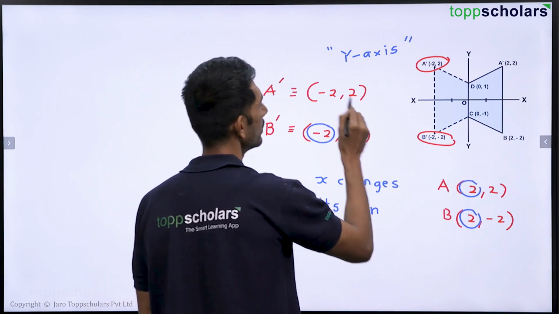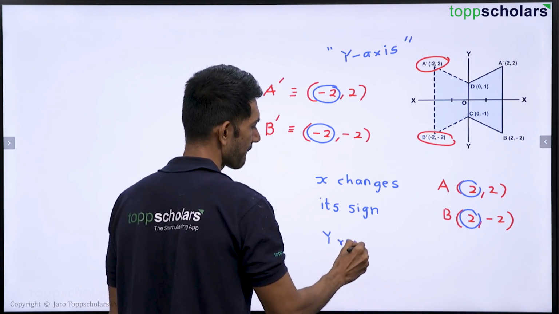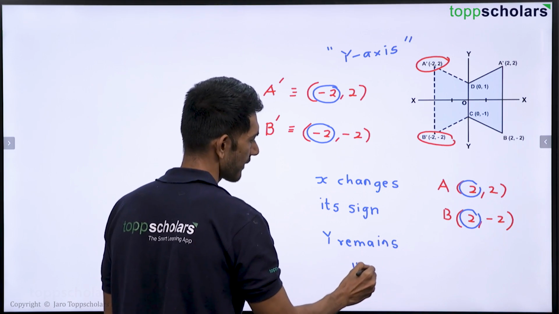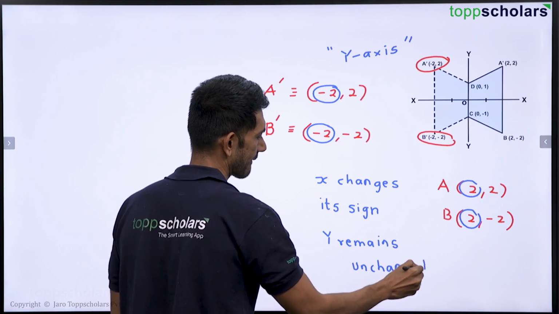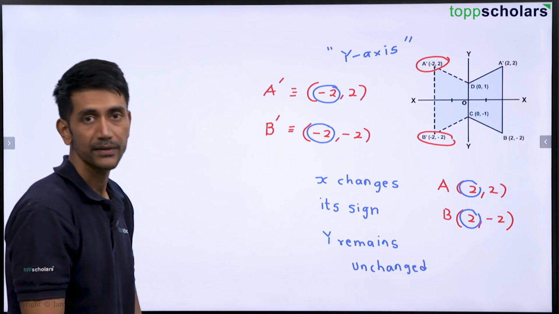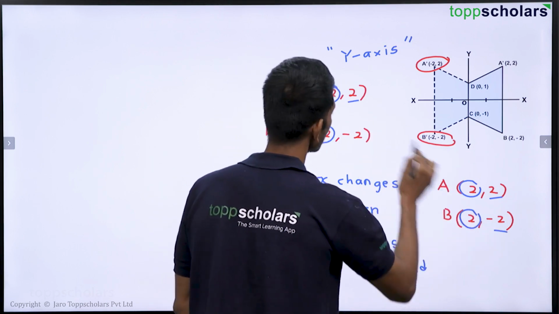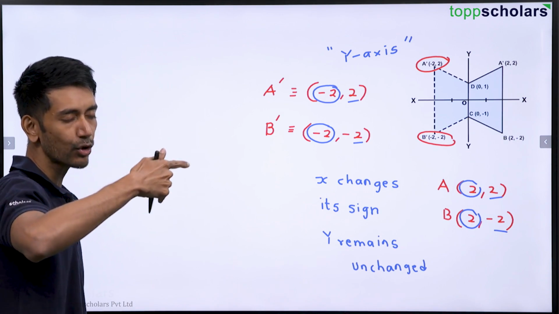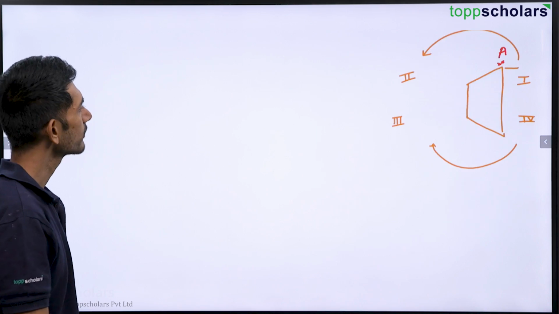This is 2, this became -2. And y remains unchanged. You can see 2 is 2, minus 2 is minus 2, correct? Okay, this is how you can identify. So no need to even draw the figure. If you remember these 2 points, you can directly do it.